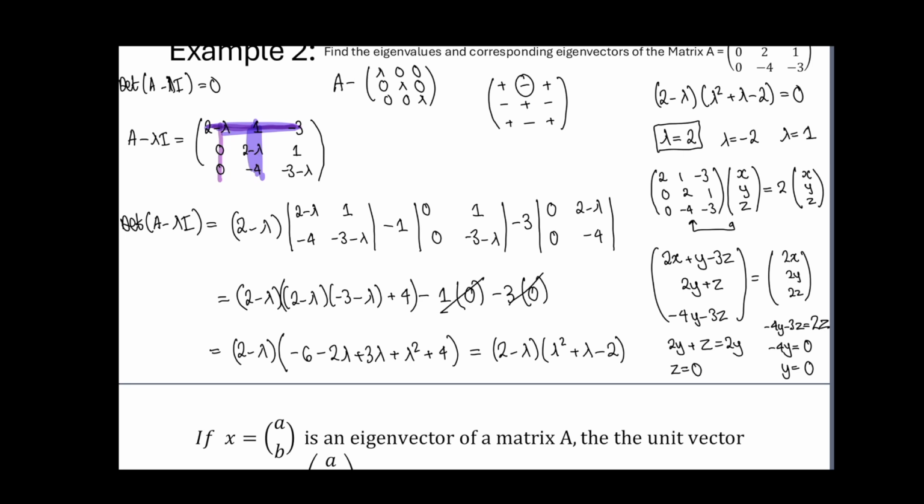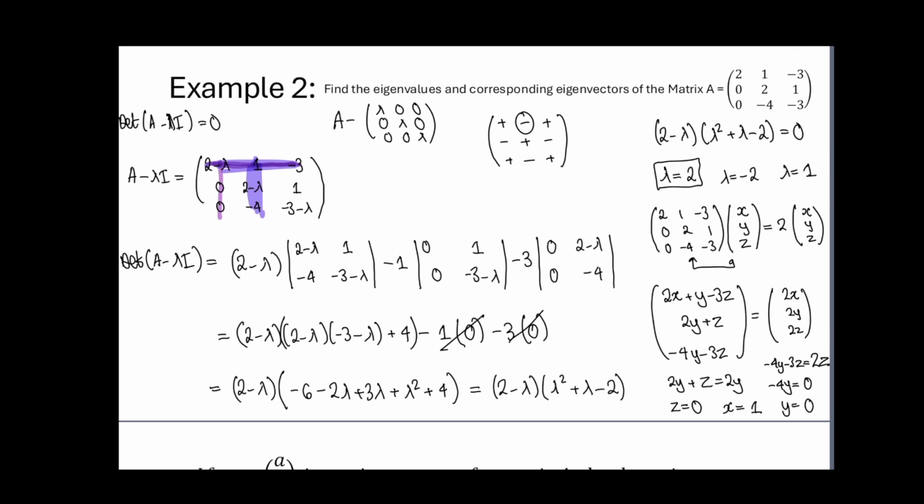So x can be 1. So our eigenvector for the corresponding eigenvalue lambda is equal to 2 would be 1, 0, 0. I'm only going to do one of them because I don't have enough space, but we just follow the same process for these other two eigenvalues.